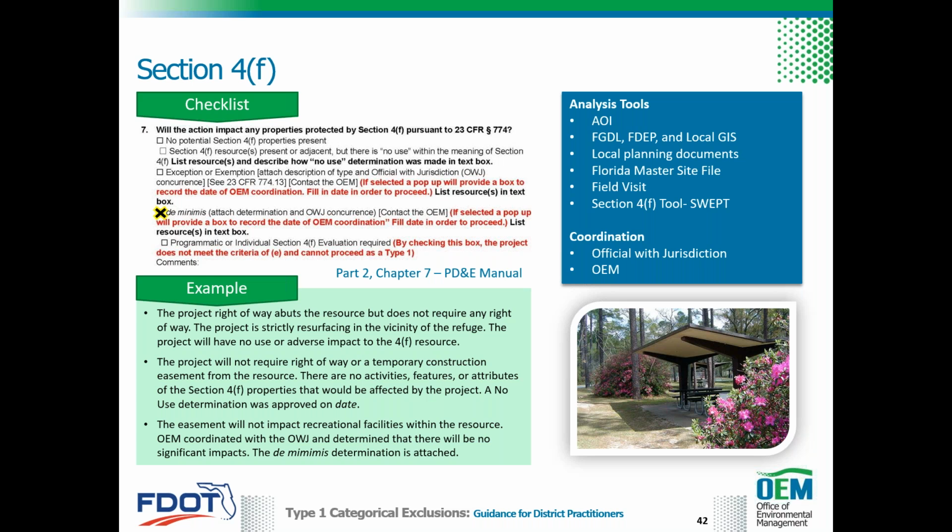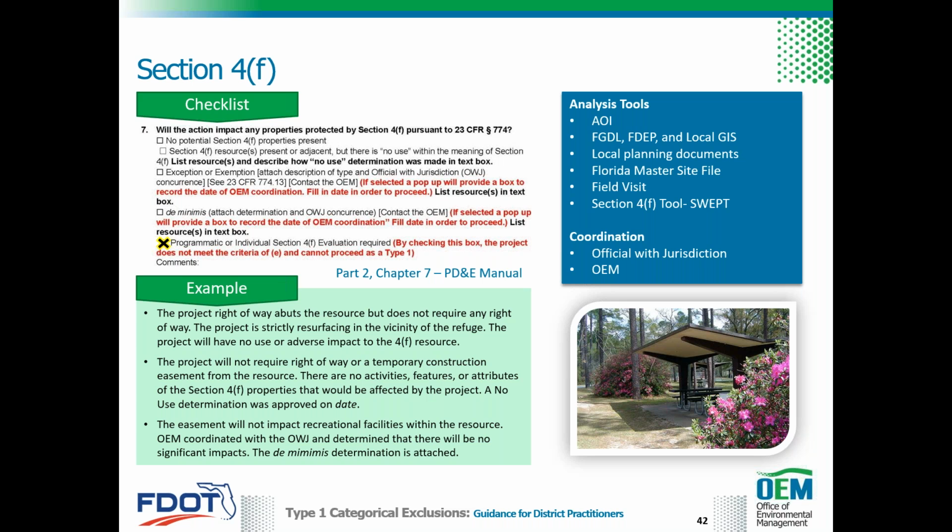To document a de minimis finding, you would use either the Section 4F de minimis determination for historic sites form or the Section 4F de minimis determination for parks, recreation areas, and wildlife or waterfowl refuges form. And there's going to need to be concurrence with the official with jurisdiction, and it's also sent to OEM for concurrence. If the project's determined to need a programmatic or individual Section 4F evaluation, then it can't proceed as a Type 1 CE.